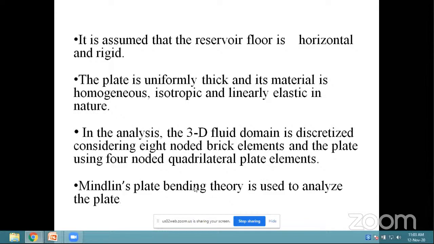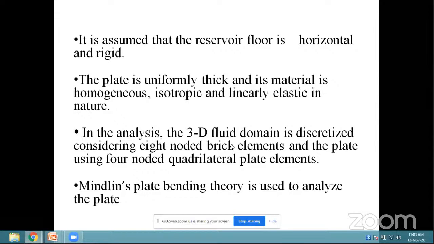The platform is just like a plate, and plate bending theory is utilized to model the plate; the fluid domain is separate, and the plate domain is separate. Earlier researchers used a coupled problem, that is, fluid and structure combined, and in that case some problem occurred at the interface.